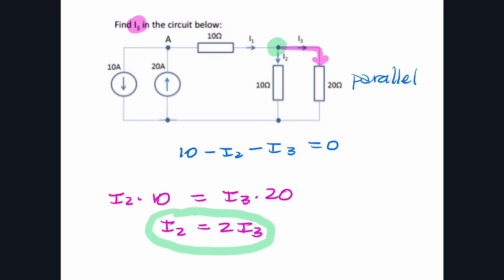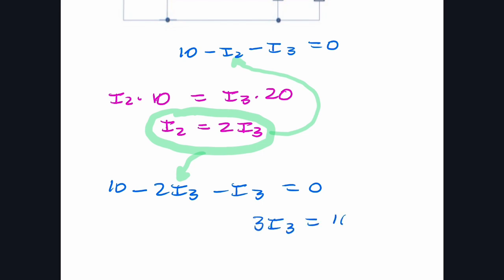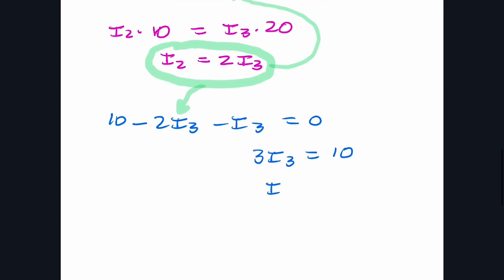You can substitute that in there, and that will give you 10 minus 2I3, which is I2, minus I3 equals 0. So you've got 3I3 equals 10, and I3 equals 3.3 amps.